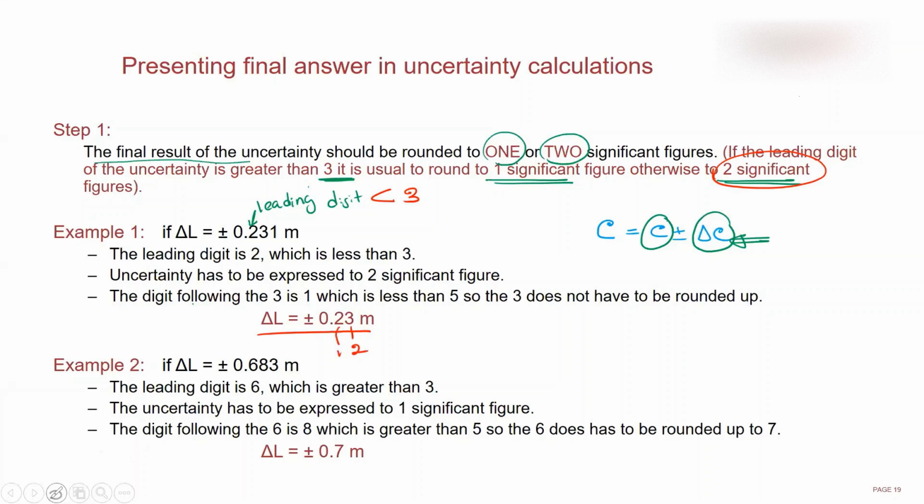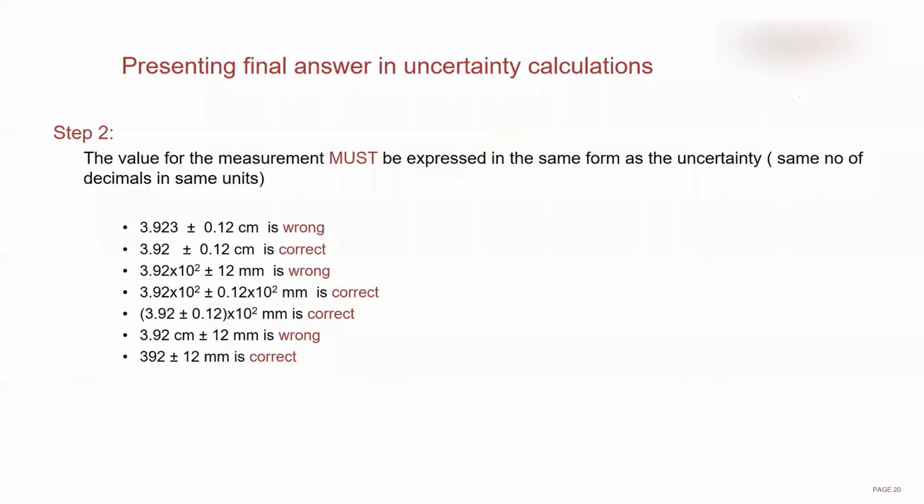Now let's take the second example. Here we have delta L as plus or minus 0.683. In this case, the leading digit is more than 3, so we only keep one significant figure. So our answer is plus or minus 0.7. So we have only one significant figure in this answer.